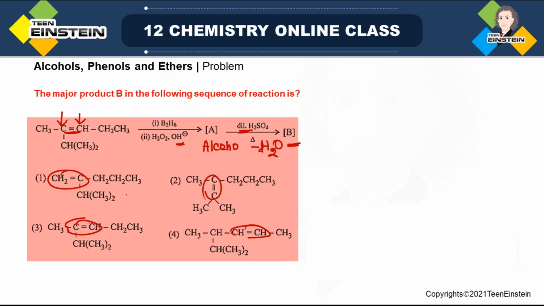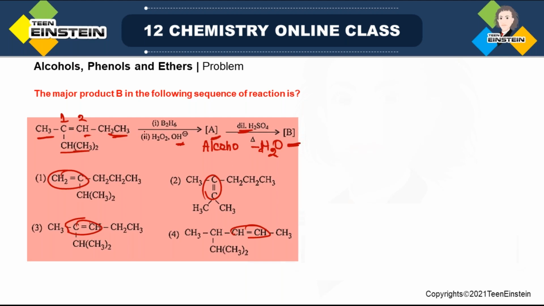But which one is the correct structure for the final product B, that you have to find. So first you have to know the right structure of A. A is alcohol, and remember, hydroboration oxidation follows the anti-Markovnikov rule. Now look at the alkene molecule given here. Suppose this is carbon 1 and this is carbon 2. Carbon 1 has two alkyl groups; carbon 2 has one hydrogen and one ethyl group.